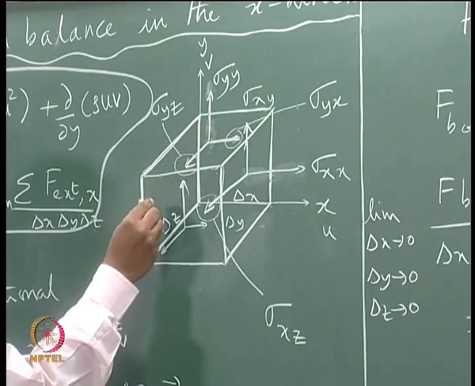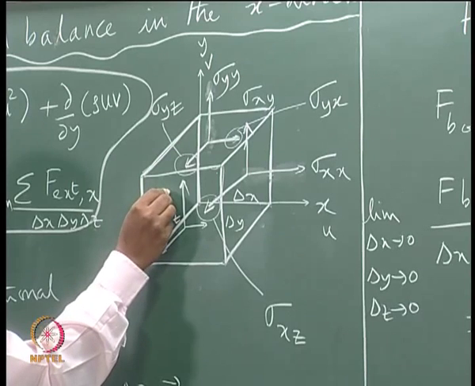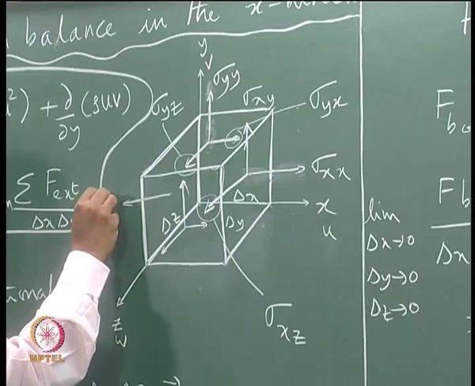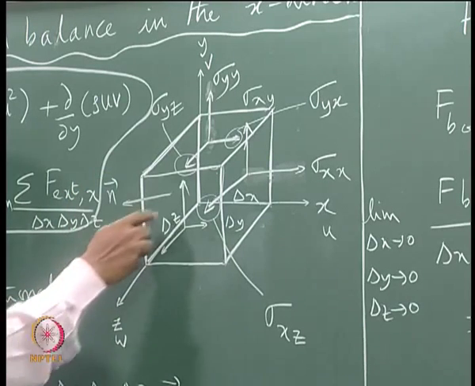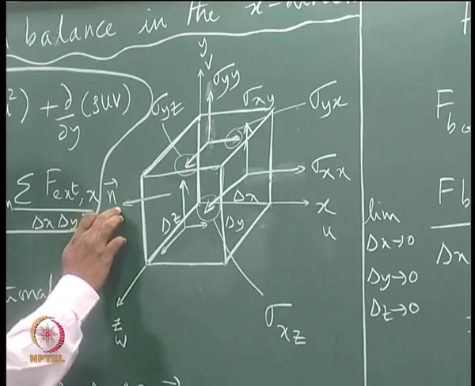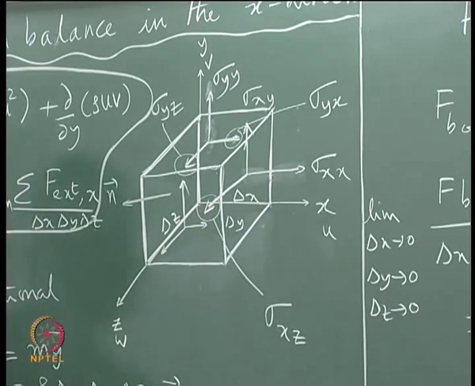On this particular face, the outward normal vector is aligned in the negative x direction. So this is the normal vector of this face, and it is aligned in the negative x direction because the positive x direction is in this direction.